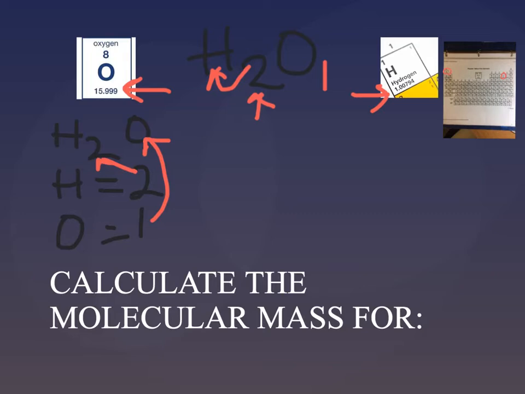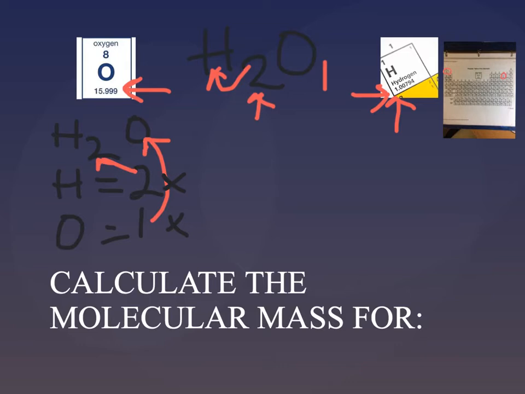Then I need to multiply each of these values by the atomic mass I showed you before. For hydrogen, it is 1.00794. We are going to round these numbers to make it easier.